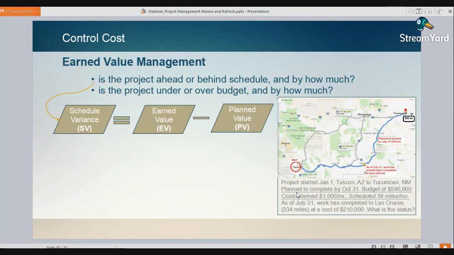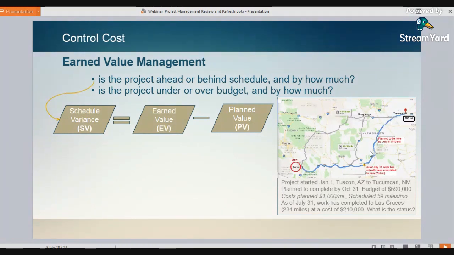So let's just look at this as a straight line project. Normally in projects, you can't just assume that you divide your work by the total amount of dollars and that's going to pan out. You're going to have a more complex schedule than that. But for the purposes of this example, it's just a straight line, $1,000 per mile, 59 miles per month.